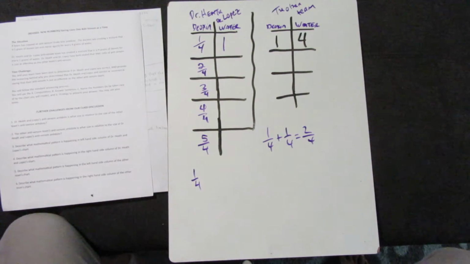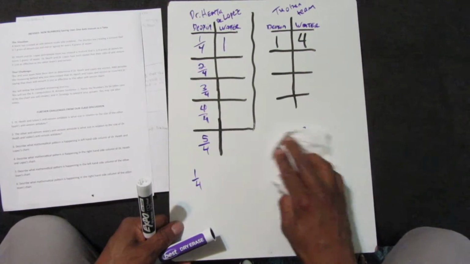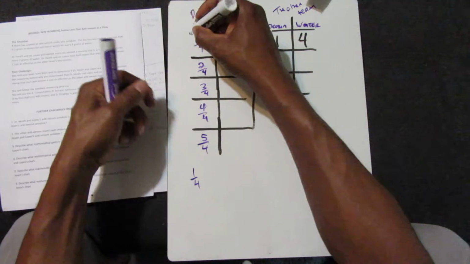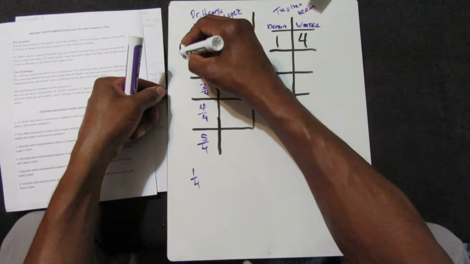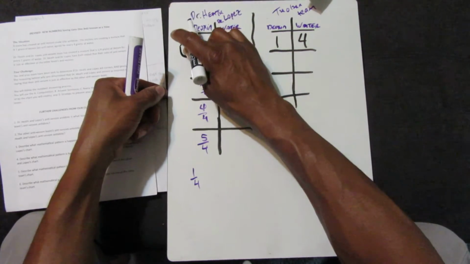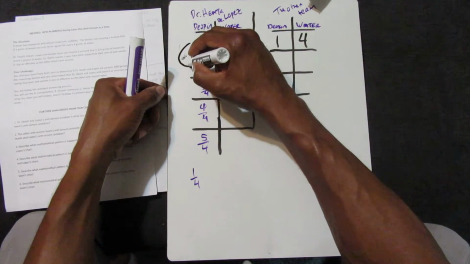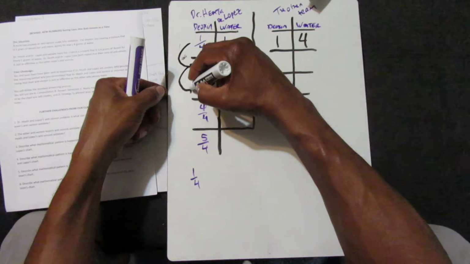So let me erase this here. Maybe I'll just put some lines, so I'll go boom. And actually, let's do it this way. Like that. Like that.